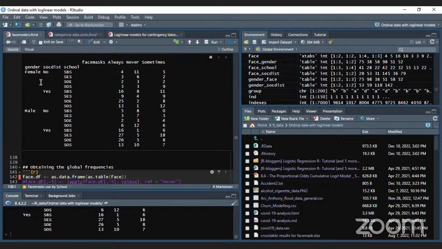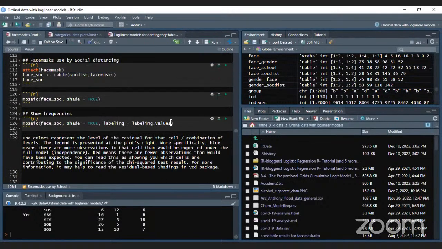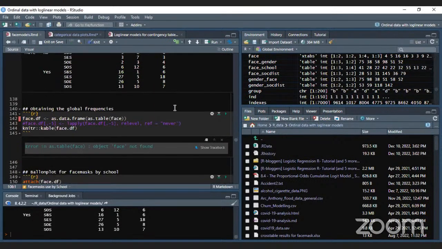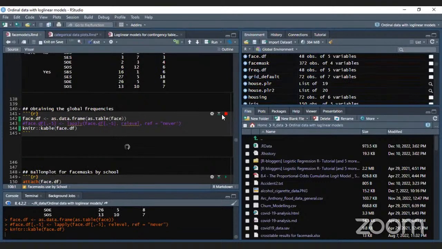This 4 shows that somebody that always uses a face mask is a female, doesn't keep social distancing, and is from School of Business. That is SBS 4. People that never use it, the same thing. I'm going to do the interpretation for all of them. But there's one I did that even shows all the frequencies. I will show it to us. This is it.